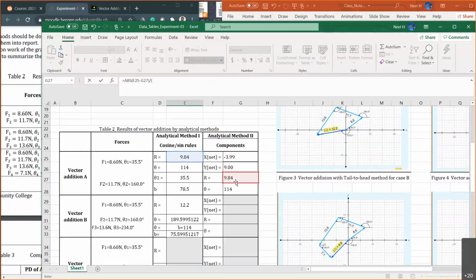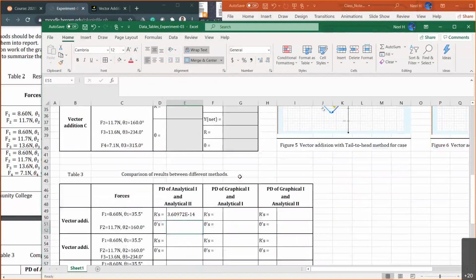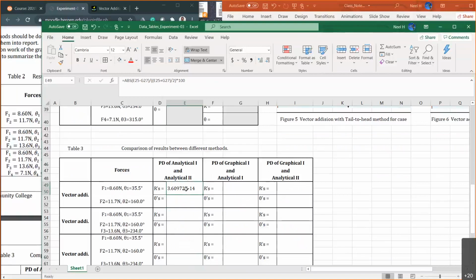So divide by double parentheses, this one plus the other one, divide by 2, close brackets, multiplied by 100. If you do that, you will see a number, but that number is very close to 0. You can see it is e to the power negative 14, 10 to the power negative 14.